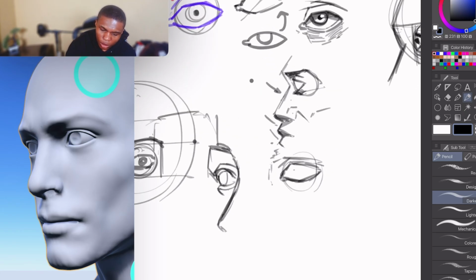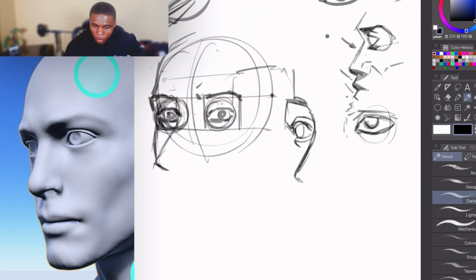So another thing about the eyelids is the position of the lids. Just like I keep saying, the upper and lower lids, right? Like this lid over here now, in this angle, you can see that this area is dark. This area of the lid is dark, and that is because it is receding from the light.